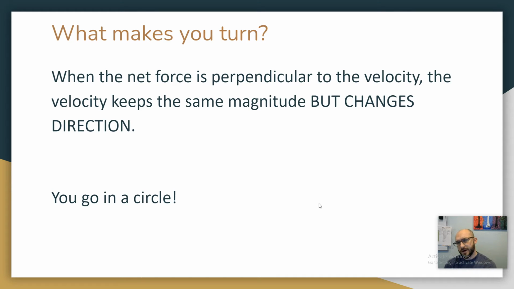Whether you realize it or not, you are pushing yourself inwards towards the center of the circular path. When you are going this way, if you want to go that way, your velocity is going to do this. That takes a force. This is the force that makes your velocity change.